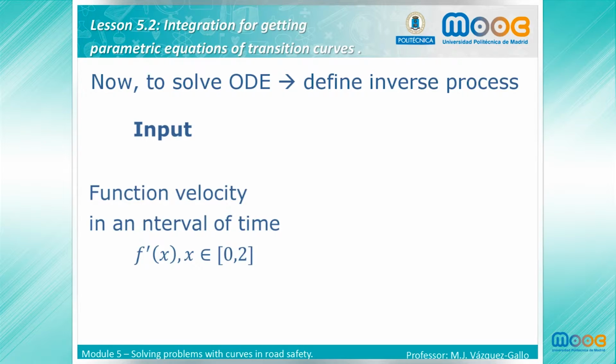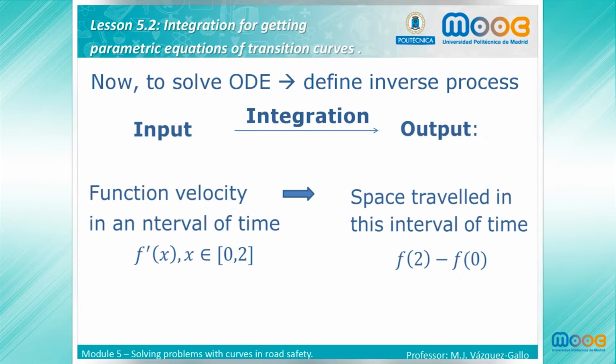Now, to solve an ordinary differential equation, we want to define the inverse process, called integration. This process takes as input a derivative, for example, the velocity function in a given interval of time, and gives as output the space traveled along this time, that is, the variation of the space function in the given interval.